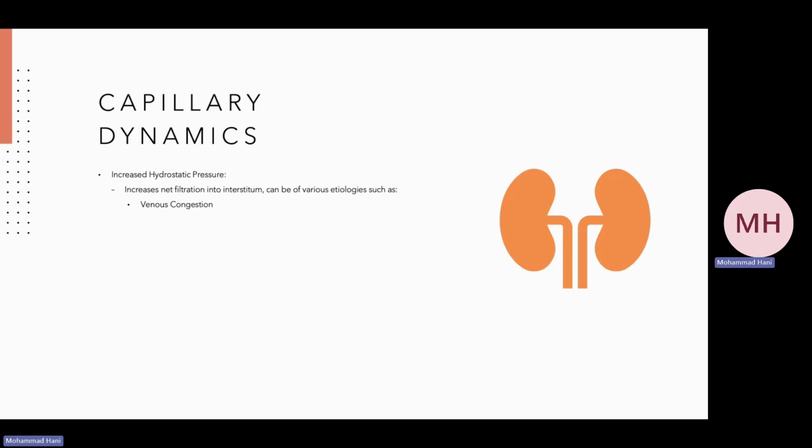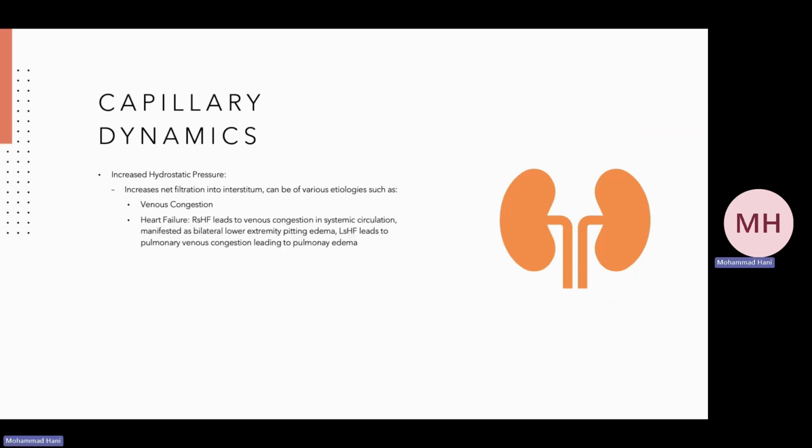When the blood starts pooling up, an increased amount of blood would also increase the blood pressure because it's directly related. Increased pressure leads to increased net filtration. So that would give rise to edemas.